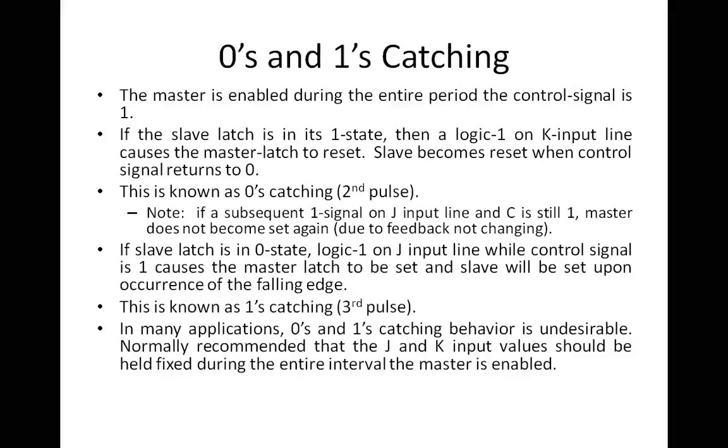So it only depends on the 0 and 1 values. Any changes in J, K must occur while the control signal is 0. So control signal plays a very important role, enabling master or enabling slave. Accordingly, the values are passed.